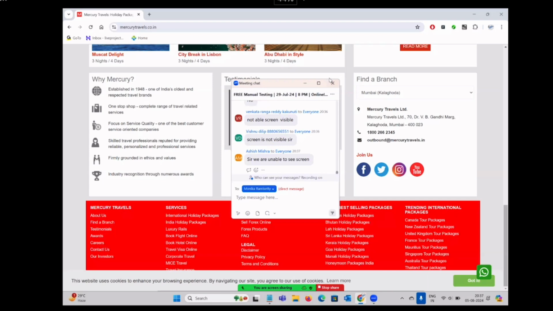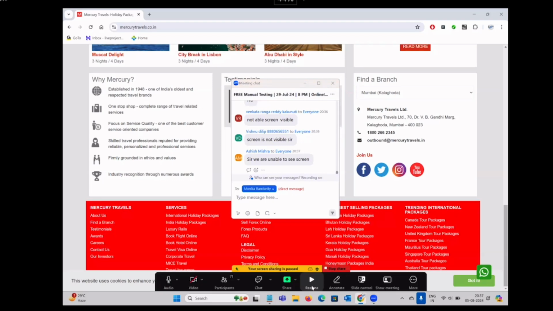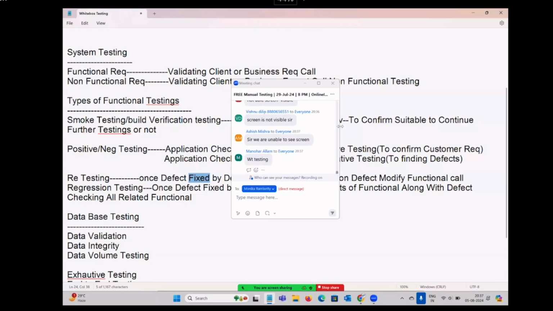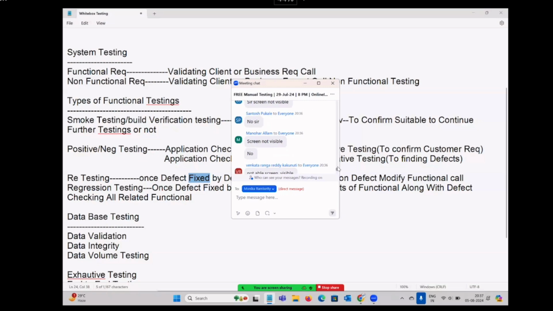Next, guys, are you now able to see the screen? Some people messaged me, screen not visible. What about now?